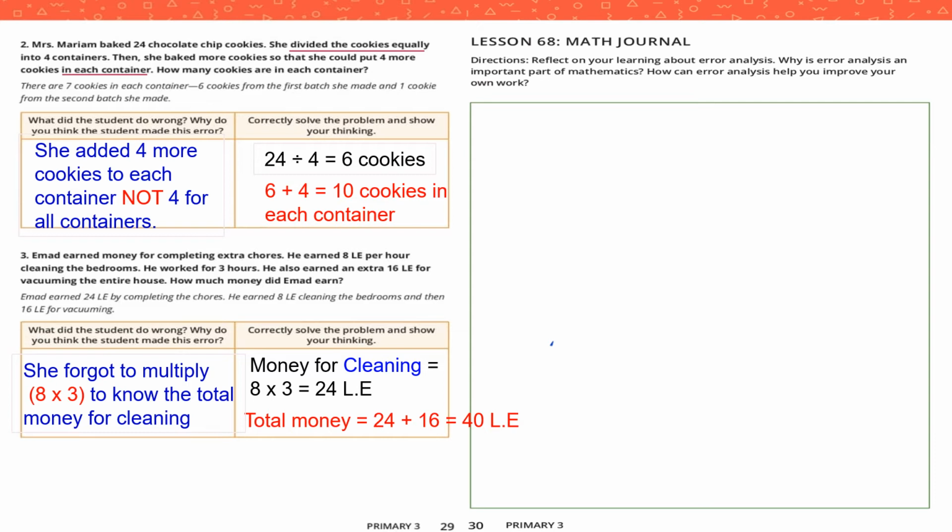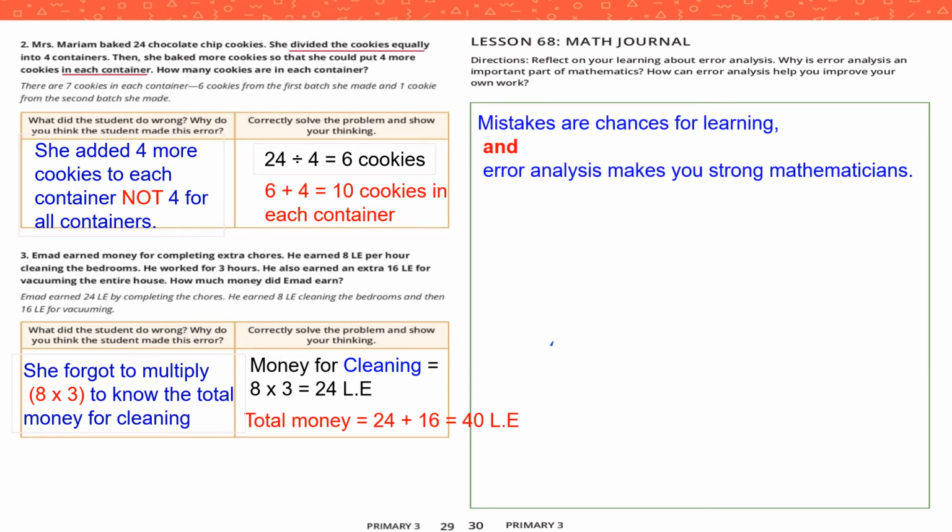In our math journal: reflect on your learning about error analysis. Why is error analysis an important part of mathematics? How can error analysis help you improve your work? When I have a story problem like this and I read the wrong answer, I want to analyze it.